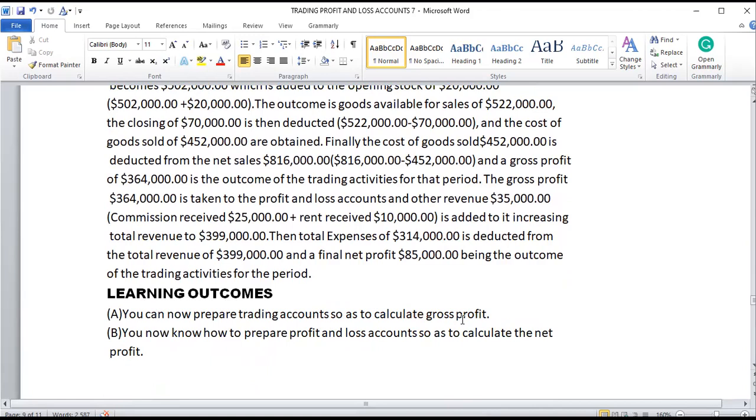You take all the trading activities, and you find out whether they are making profit or loss. That's the first step. Then you now know how to prepare the profit and loss account so as to calculate your net profit. After getting the gross profit for the trading activity, you deduct all expenses so that you arrive at your net profit.